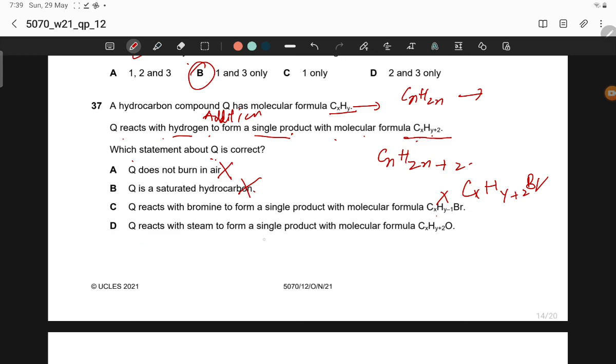Q reacts with steam to form a single product with the molecular formula CxHy+2O. Yes, this is correct. CxHy+2O is an alcohol. So this option is correct.